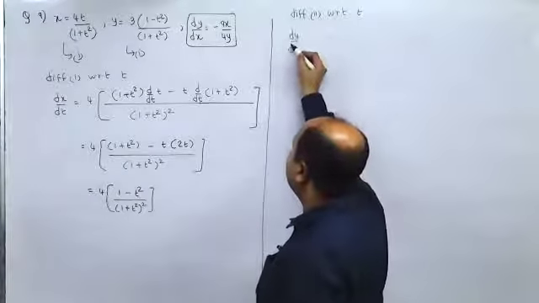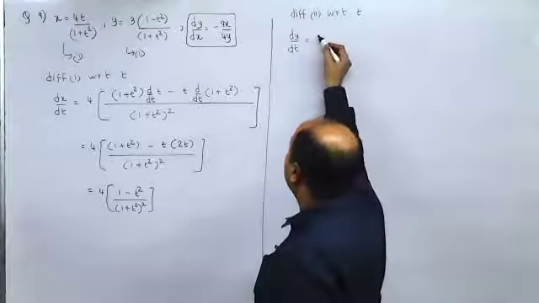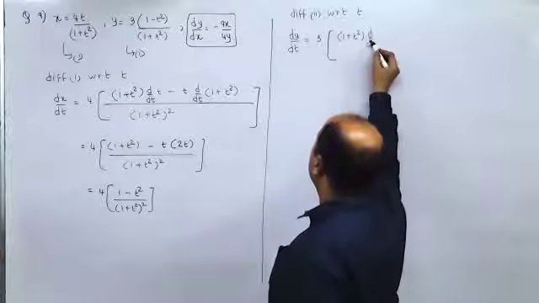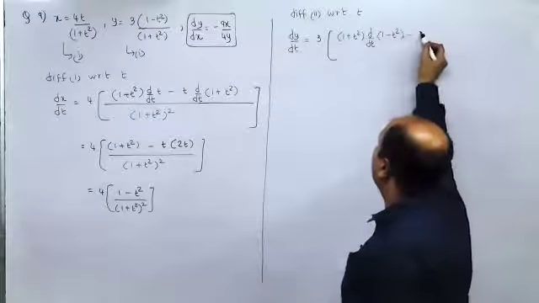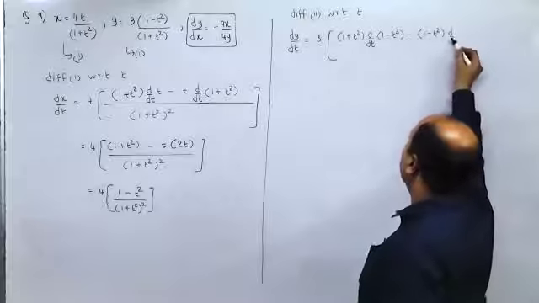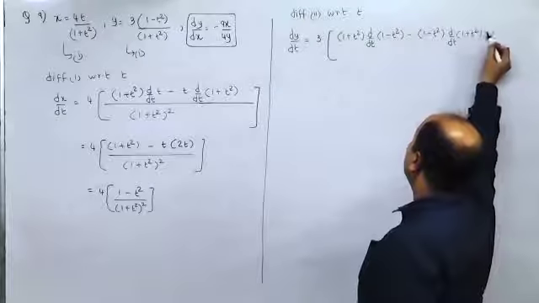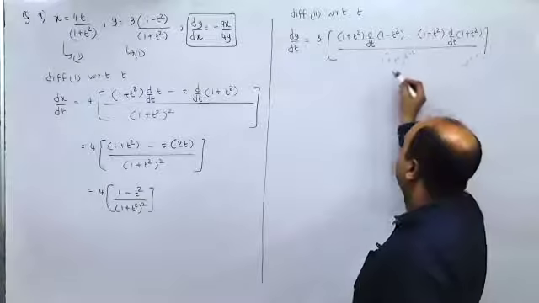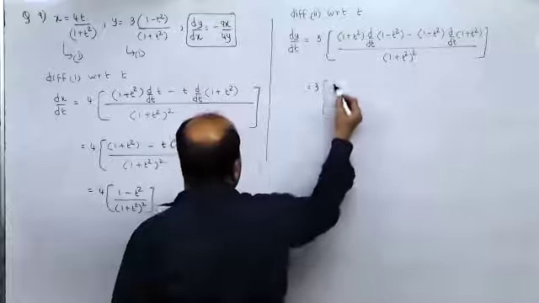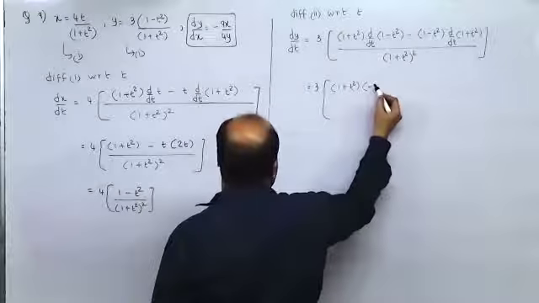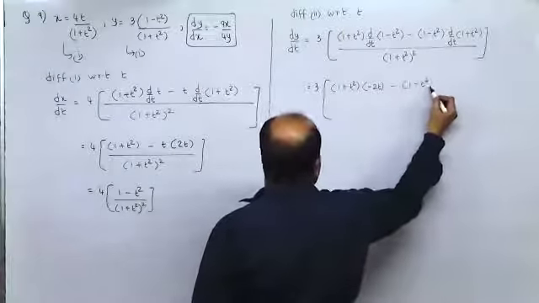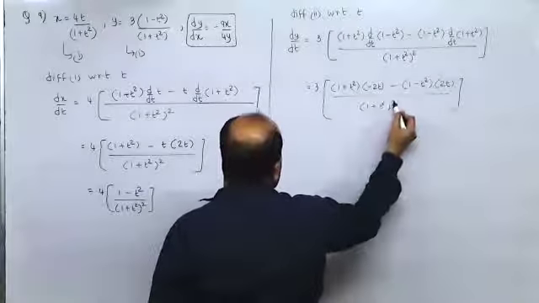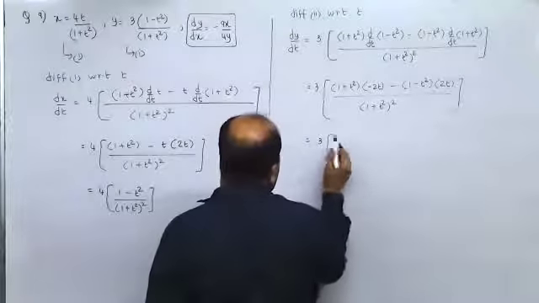What is dy by dt? It is equal to 3 outside, and the derivative of 1 minus t square over 1 plus t square. So here 1 plus t square into the derivative of 1 minus t square, minus 1 minus t square into the derivative of 1 plus t square, divided by 1 plus t square the whole square. So this would be 3 into 1 plus t square. What is the derivative of 1 minus t square? Minus 2t. This is minus 1 minus t square into 2t, upon 1 plus t square the whole square. So this is 3, and this would be 2t outside.